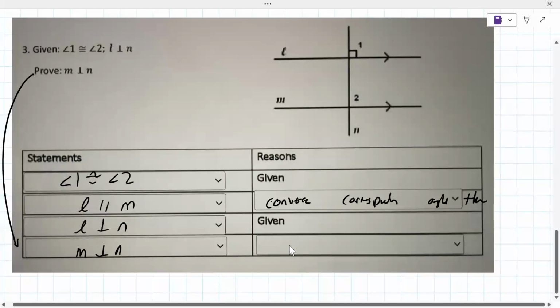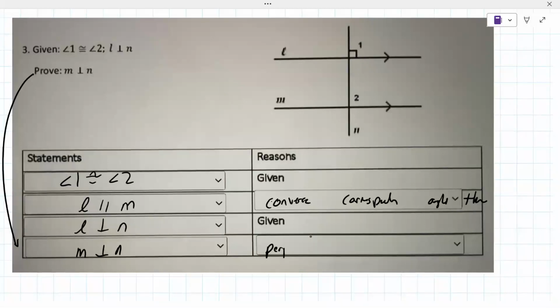Let's go back to that first one you had: perpendicular transversal theorem. Yeah, why don't you try that? Okay.